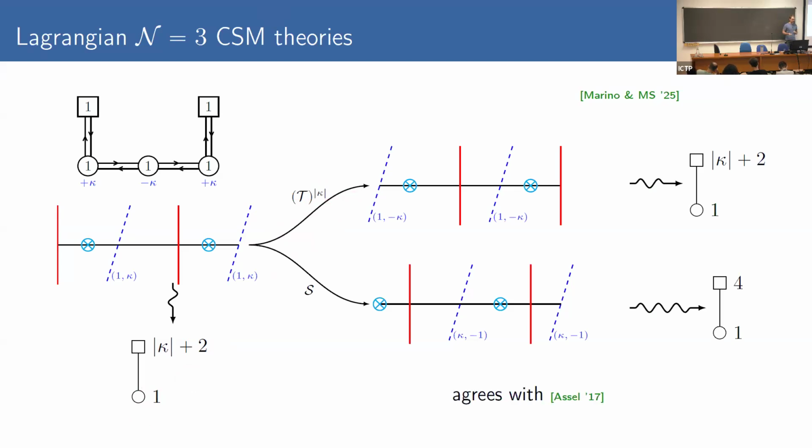But we were very fortunate, and that's also the reason why we chose this example to demonstrate, is that Benjamin Assel has been working on abelian n equals 3 vacua a while back. And he computed, from a brane system, the chiral ring relations you should have on the Coulomb branch or on these maximal branches. Right? So if you look in the paper, there's a long derivation of some relations, and if you translate the relations into quivers, that's precisely what you find.